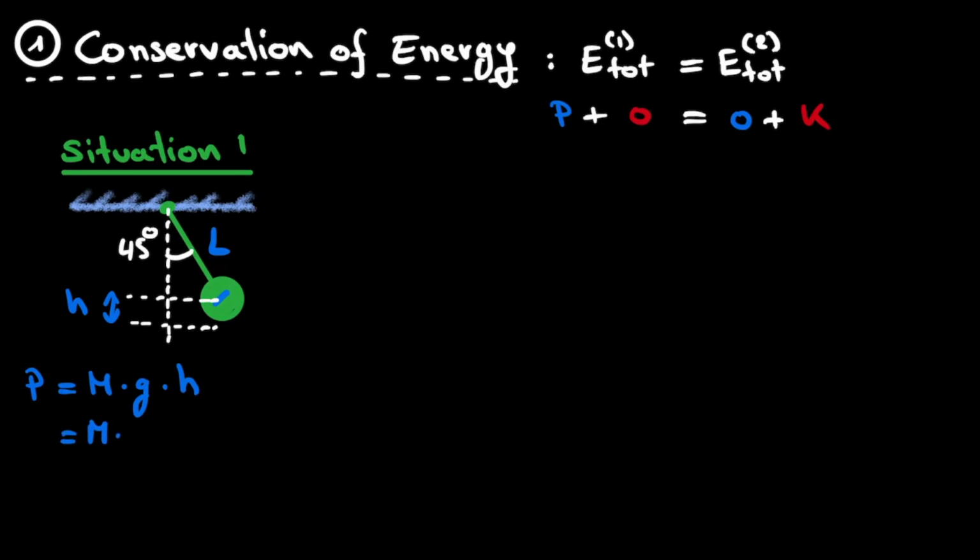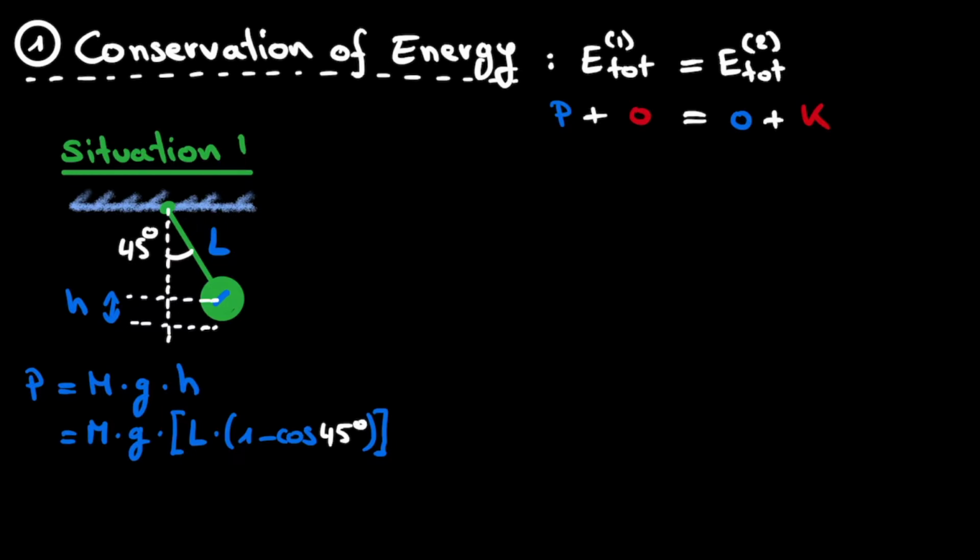We copy the capital M multiplied by the gravitational constant, and then we multiply by the following. We have the length of the string multiplied by 1 minus the cosine of this angle 45 degrees. And again, if you want to know in detail how we get this, I refer you to this other video.